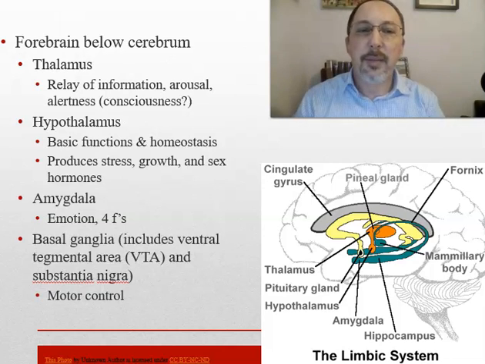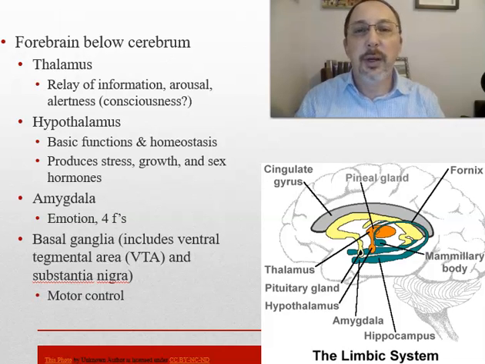The thalamus, I mentioned, is right in the middle of the brain, not the midbrain. It's part of the limbic system. It's involved in the relay of information, arousal, alertness, and possibly even responsible for consciousness. The hypothalamus is below the thalamus and involved in what's called homeostasis, which are things like maintaining your blood pressure, your body temperature, using a lot of your resources to maintain you in a fairly narrow window of stability.